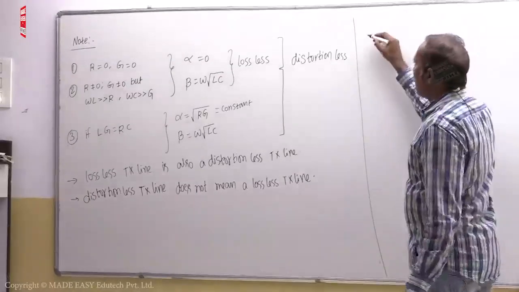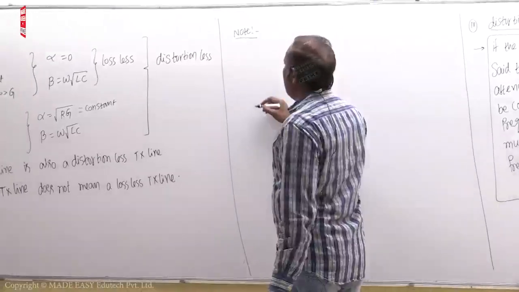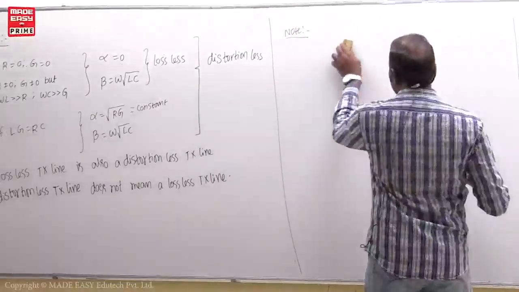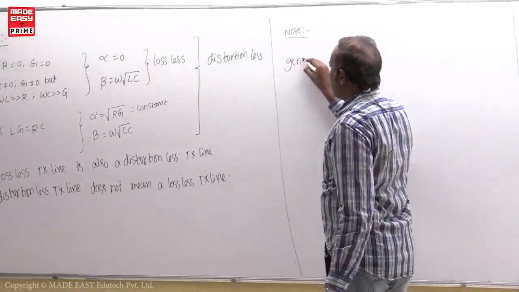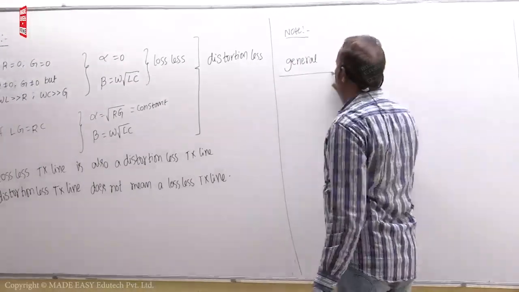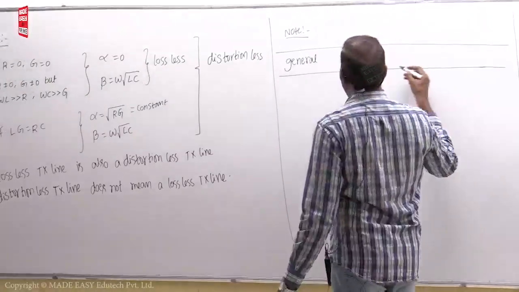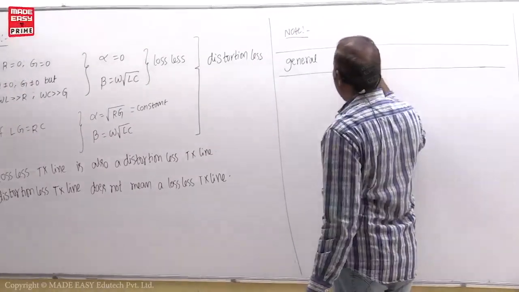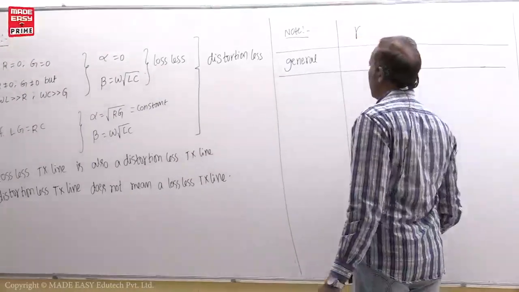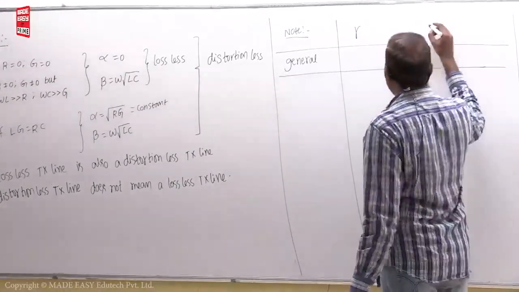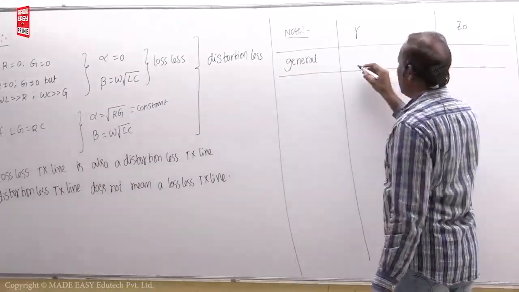Okay. Now one more note, students, I am writing here. General equations of gamma. So this is Z naught, the characteristic impedance.